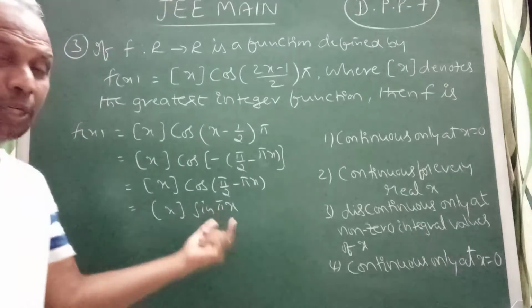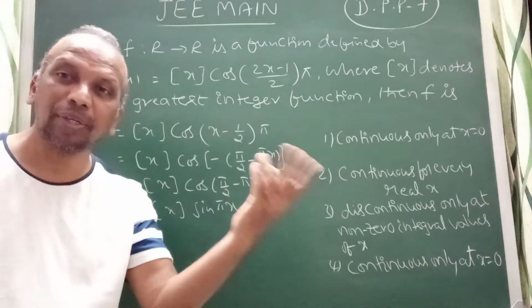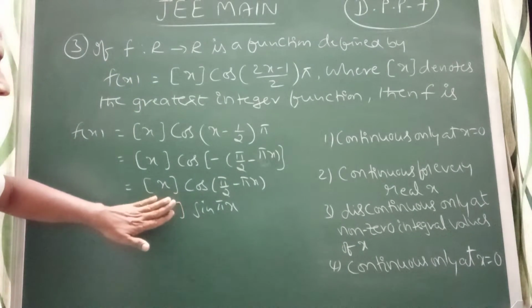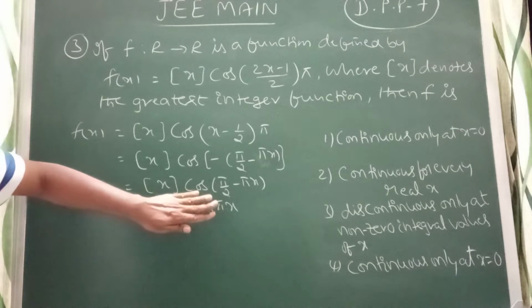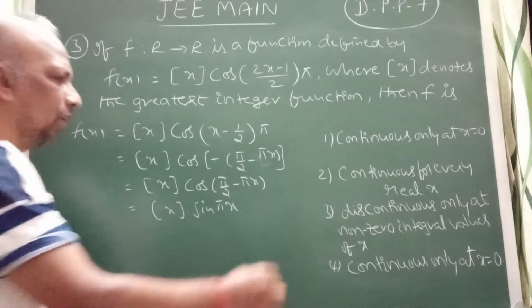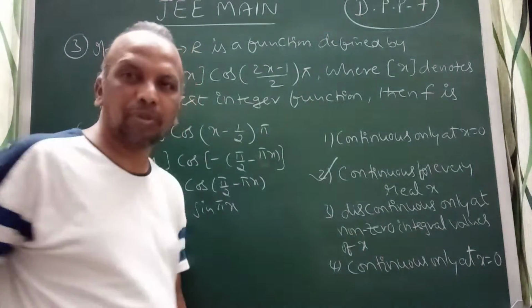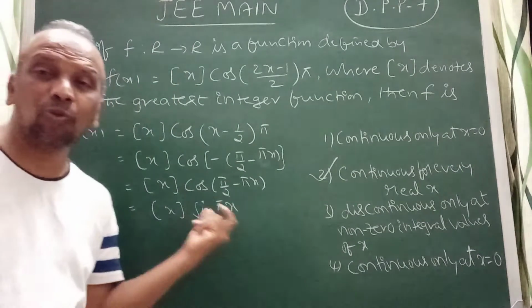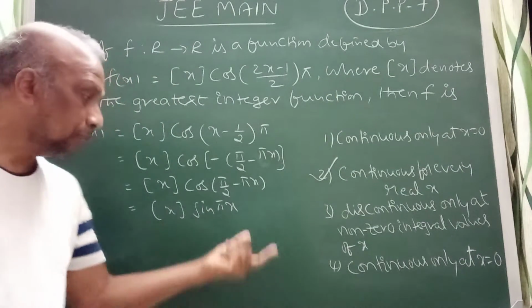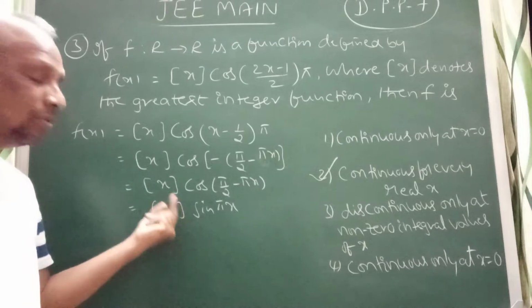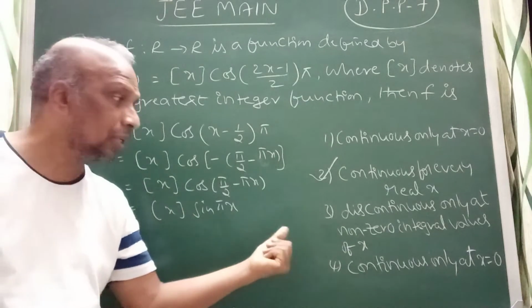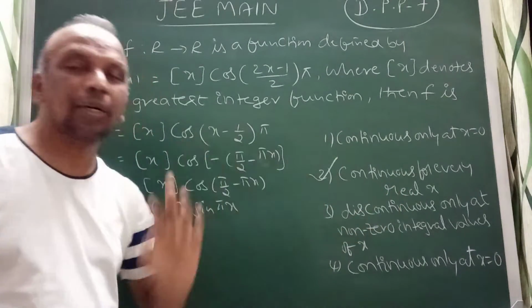Sin pi x is continuous everywhere, for every x. This is an integer, so clearly the function is continuous for every real x. Second option. Why? Because the sine function is always continuous. Multiplying with an integer, again it is a continuous function. So continuous for every real x.